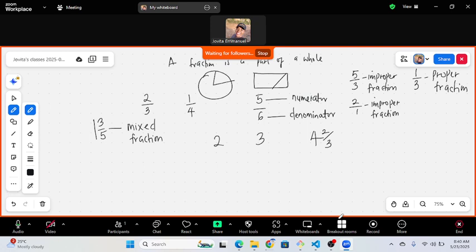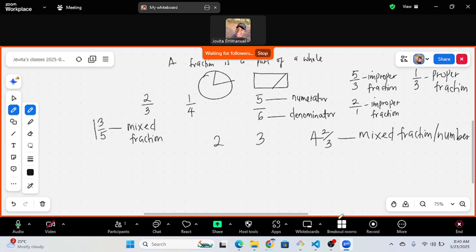I have told you that where the denominator is lower than the numerator, that number is improper. Whereas the one that has a higher number below, I mean the denominator is higher, is called a proper fraction. Then this one is a combination of a whole number and a fraction. It's called a mixed fraction, or sometimes a mixed number.